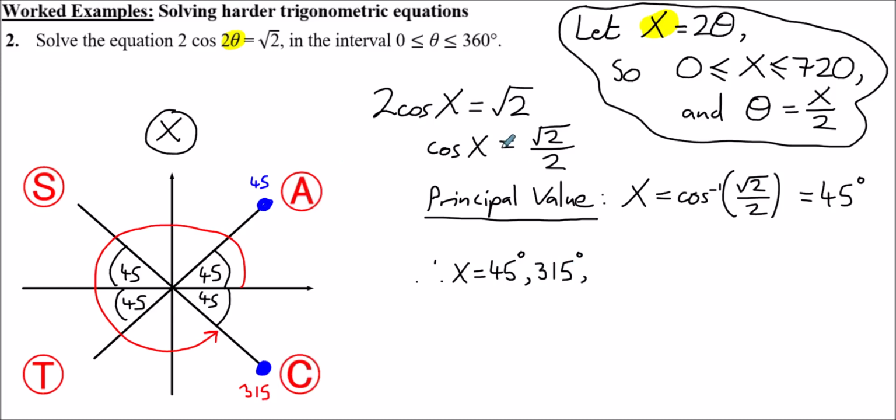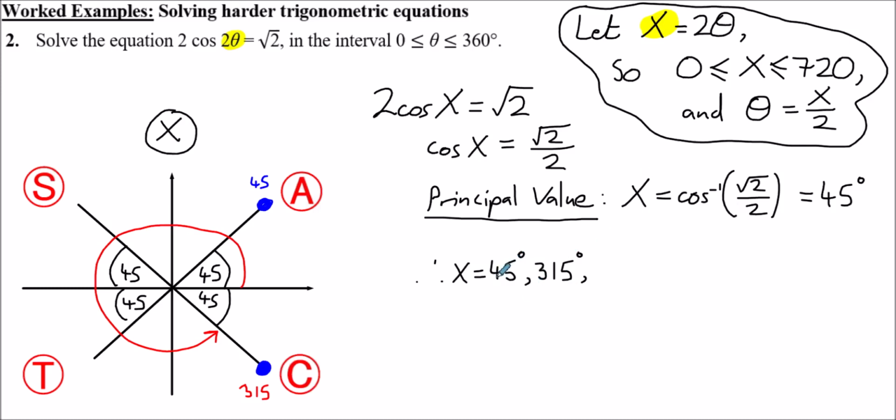Now normally we might stop, because usually we want a range between 0 and 360, and the big mistake here is to stop. But actually, just remember, we're not talking about theta currently, we're talking about x, which needs to range from 0 to 720 before we consider what theta needs to be. So we take these values between 0 and 360 and add 360 onto each, remembering that cosine is periodic and repeats every 360 degrees.